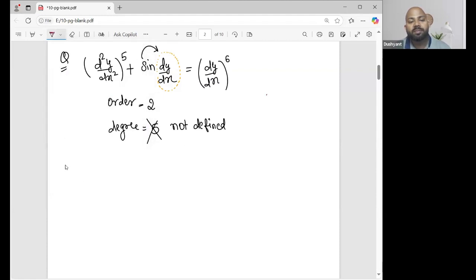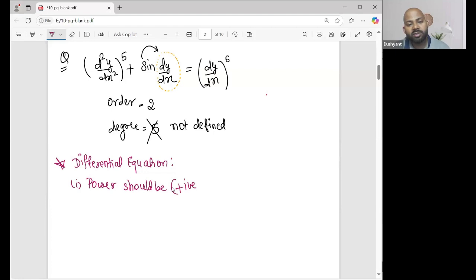So the rules are, for any differential equation we need to discuss: first point, the power should be a positive integer.